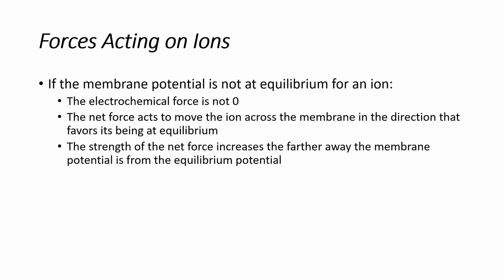Until then, the ion will be moving in a direction that will try to bring it closer to its equilibrium potential. So the net force that's moving our ions is a force that's trying to get them to be at equilibrium, but they both cannot be at equilibrium at the same time.